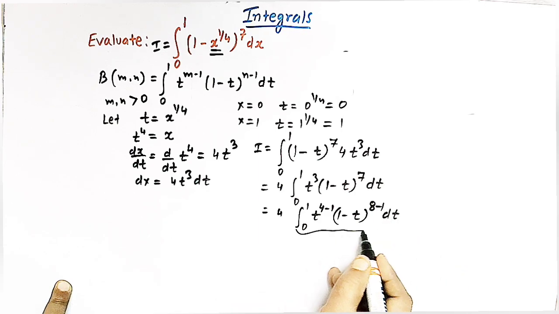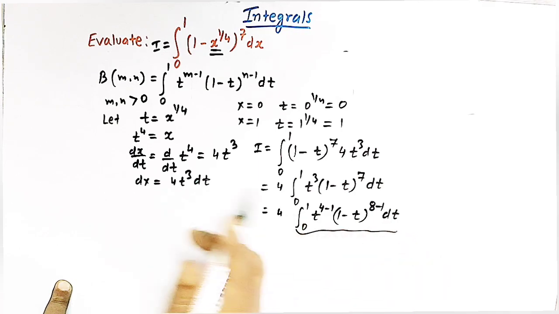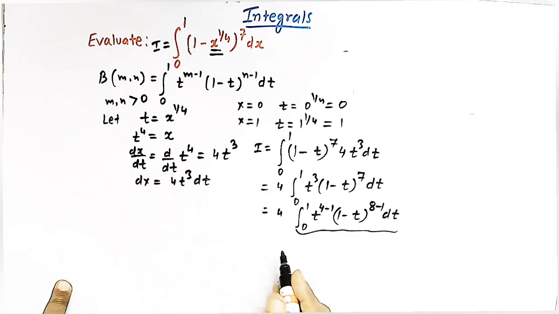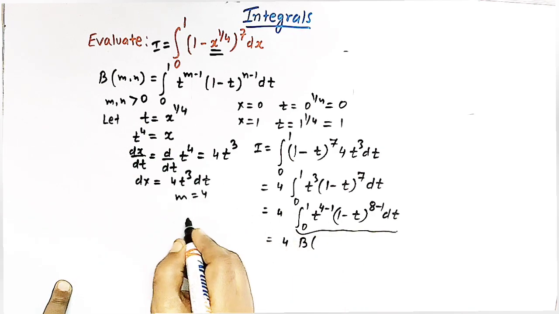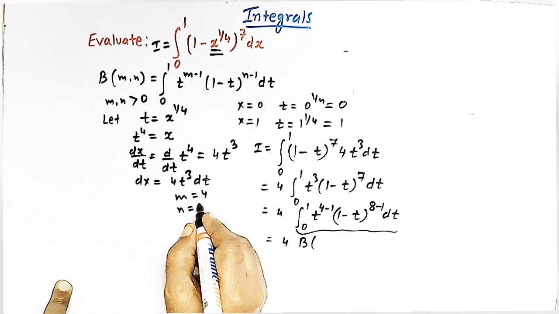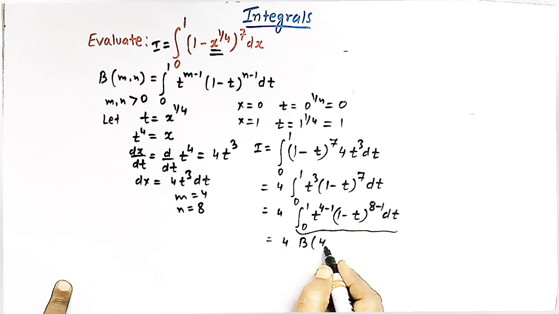So now this integral is given by the beta function: 4 times B(m, n), where m is equal to 4 and n is equal to 8, so we have B(4, 8).